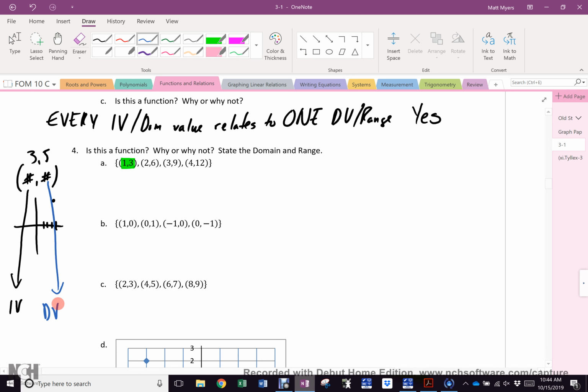So what is our domain here? What are our x values? 1, 2, 3, 4. It stops at 4, right? So x, and then we put a straight line. Those are all our possibilities for x. What is our range?